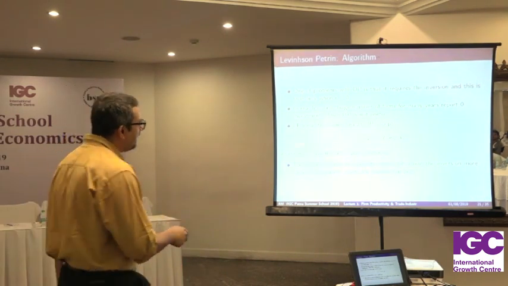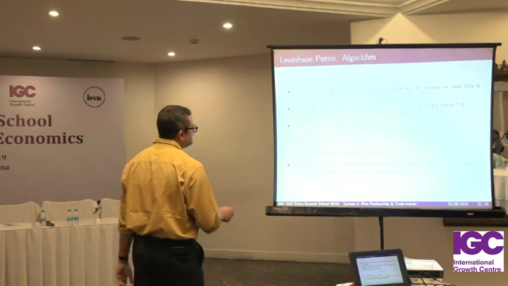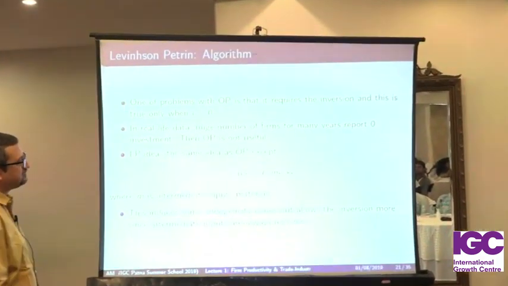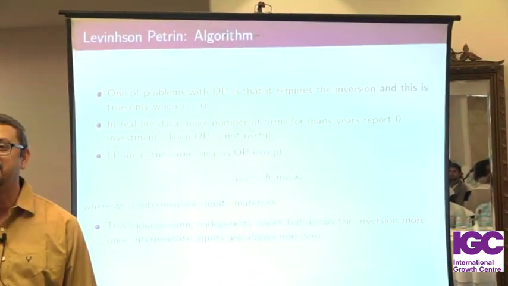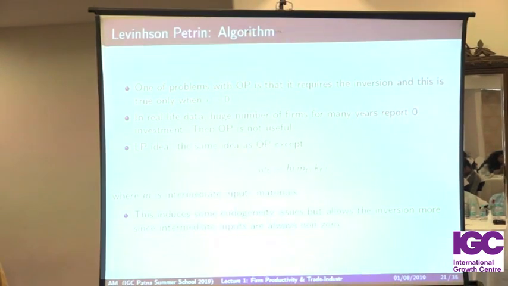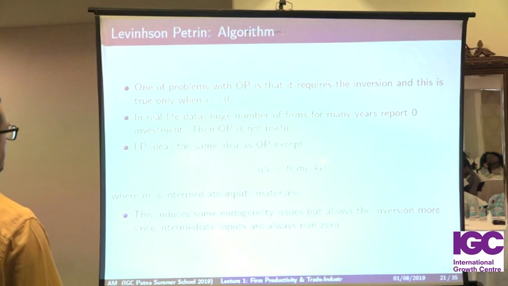So the same idea in the second paper, by Levinsohn and Petrin, uses the same idea, except that omega is now a function of m_t and k_t. m_t is the materials, not investments but expenditures like electricity, water if you are using water-intensive products, all intermediate inputs, and k_t, right?